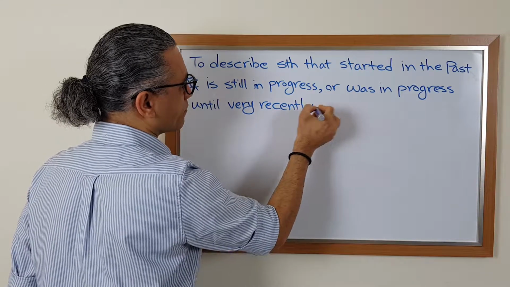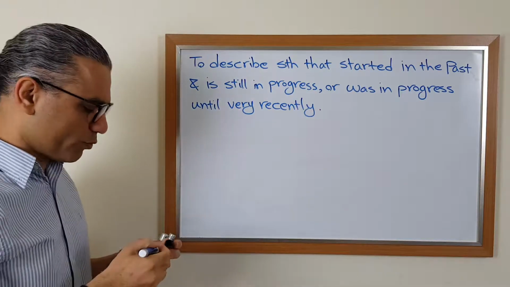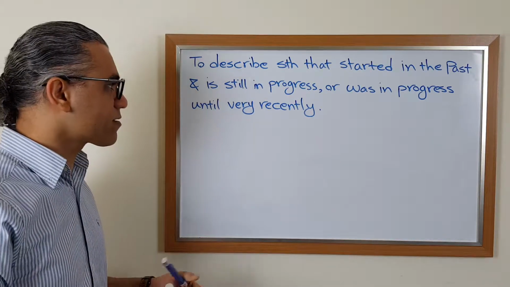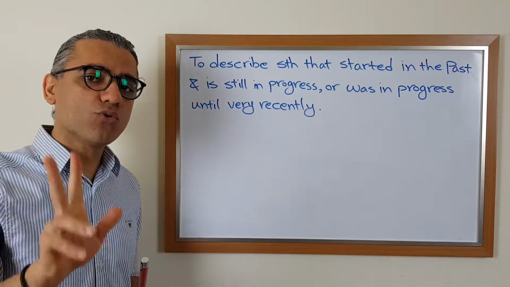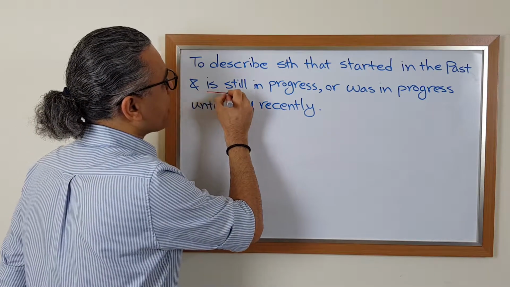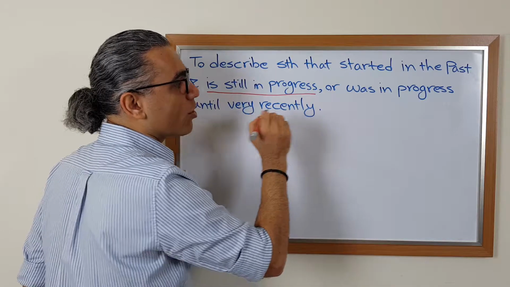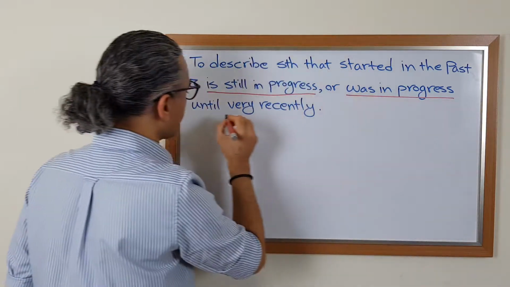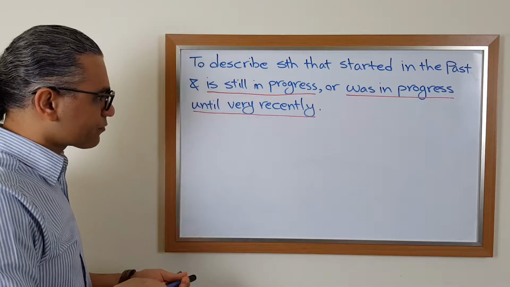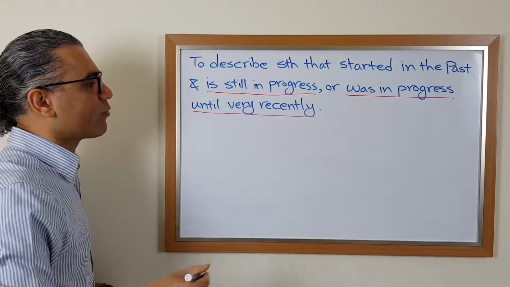Now, what does that mean when we say it started in the past and is still in progress. We have two cases. I'm going to give you two examples, one for each case. Is still in progress or was in progress until very recently. The first example is a very famous example for present perfect continuous.